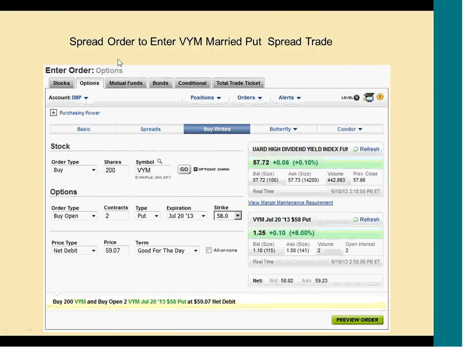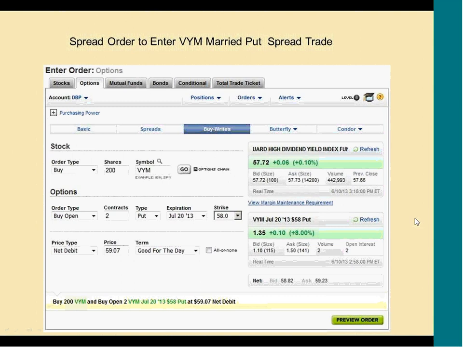You can see that if the ETF is flat at expiration, or down 20% or 40% or even 60%, highly unlikely, but I just put these in here to show you that the maximum risk for this trade is only 1.1%. So that's a very low risk way to enter this sector.